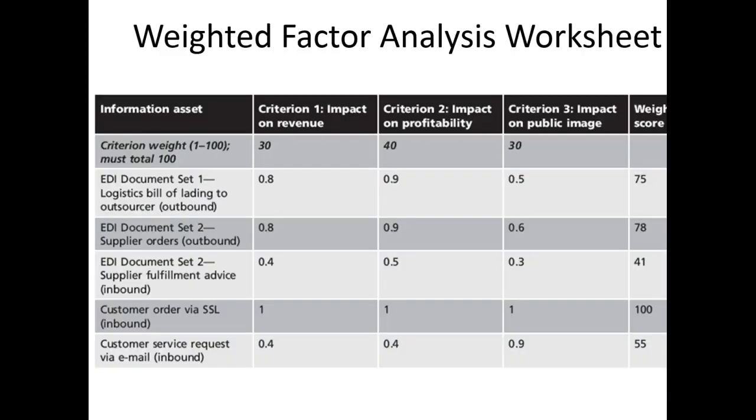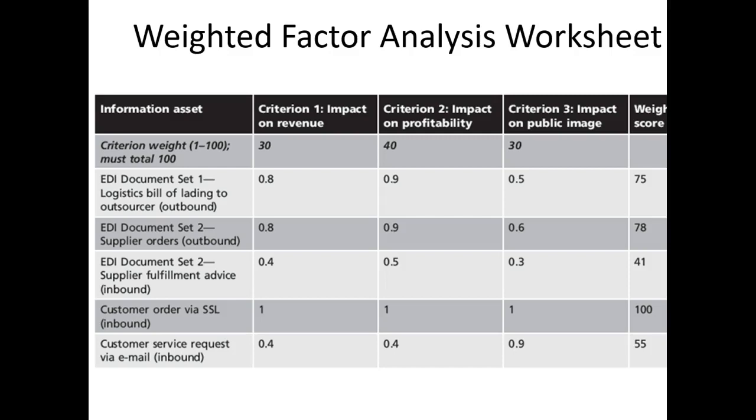Then the relevant criteria that the organization wants to use to value the asset are listed in the top row. Next, each criterion is assigned a weight or value that typically sums to 1, 10, or 100, or some other value that's easy to sum up. The use of these weights is what gives the analysis its name.